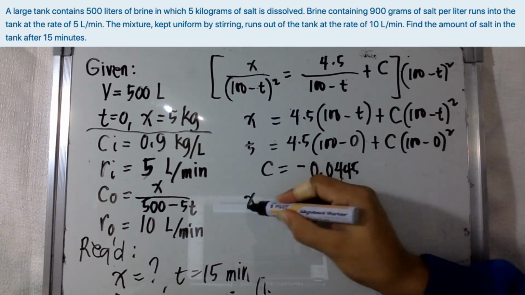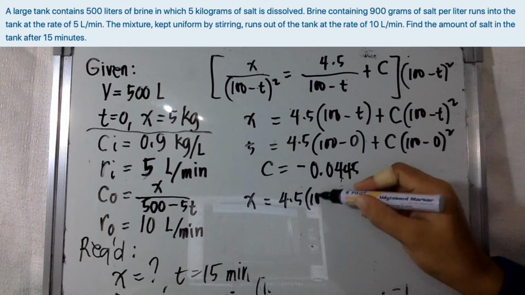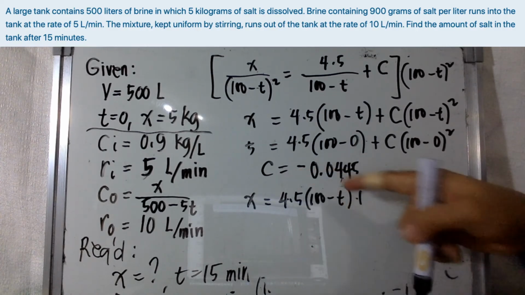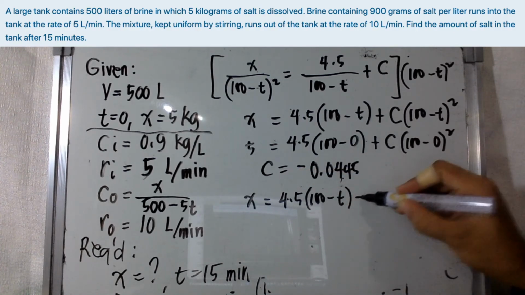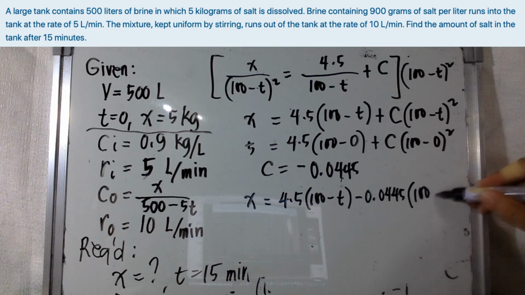So x is equal to 4.5 times 100 minus t, plus c, which is negative 0.0445, times 100 minus t squared.